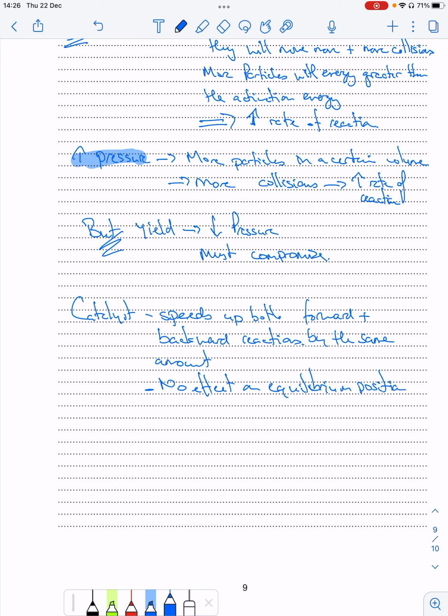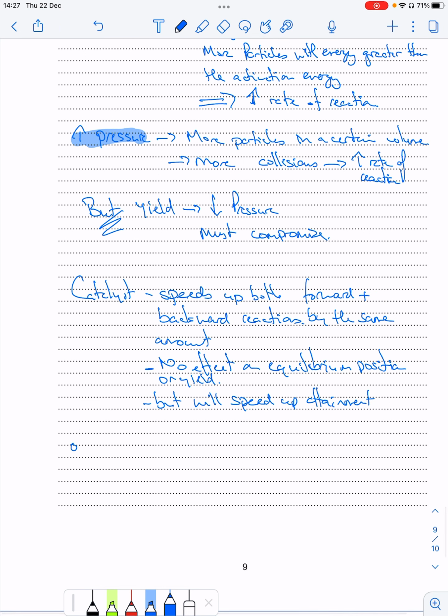No effect on the equilibrium position, or the yield is how they're terming that. But what it does do is it speeds up the attainment. So that reaction will be set up far faster.